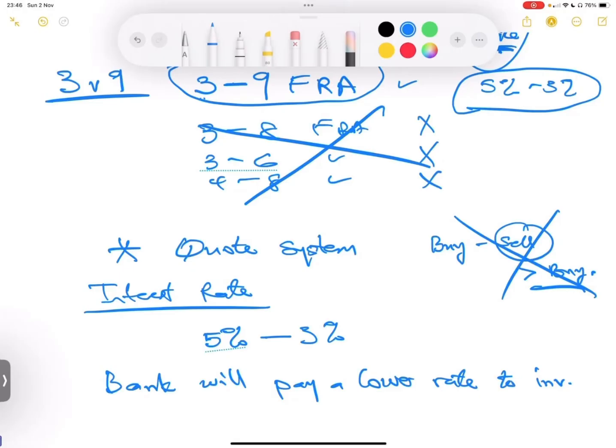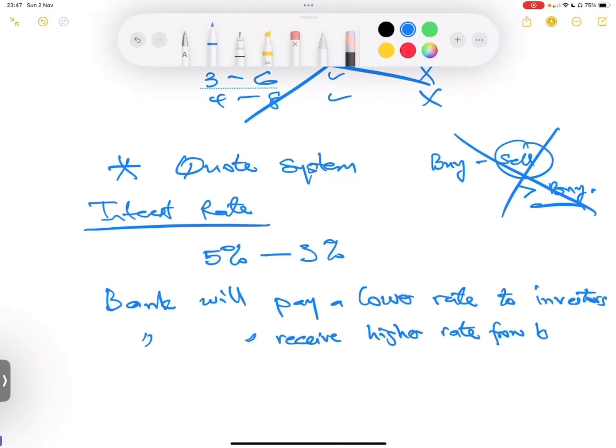Lower rates to investors, whereas they will want to receive higher rates from borrowers. So investors are like the lenders, the people that give their money to the bank. So which means if you see a quote like this, it means that 5% is the borrowing rate and 3% is the deposit rate.